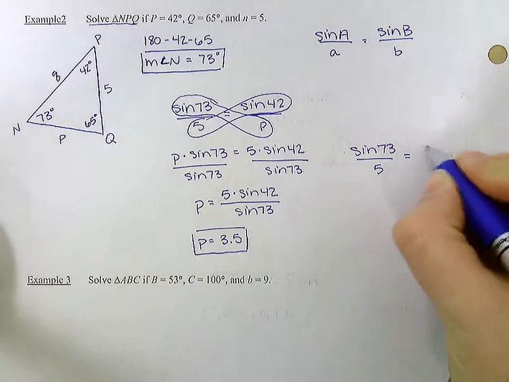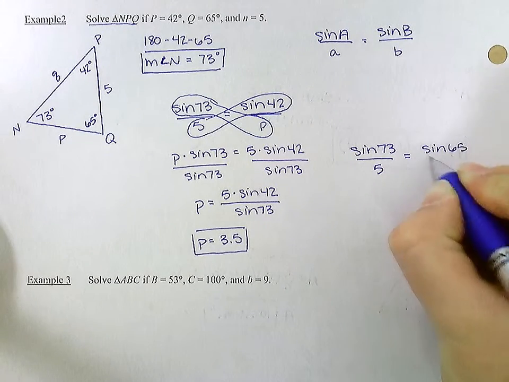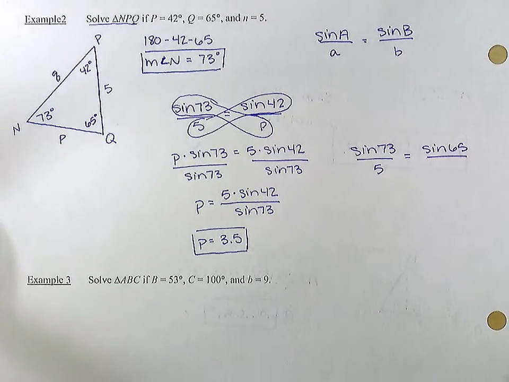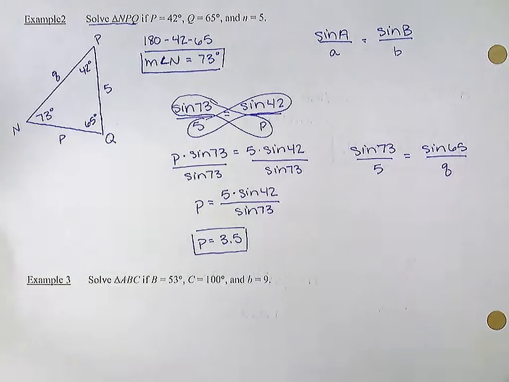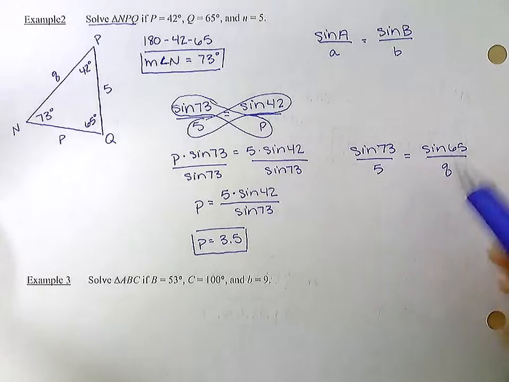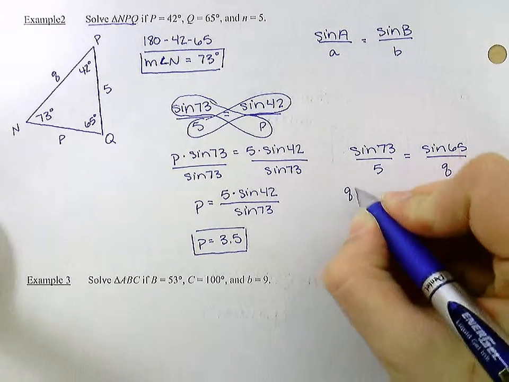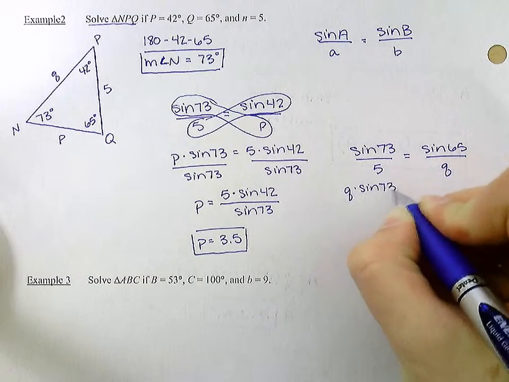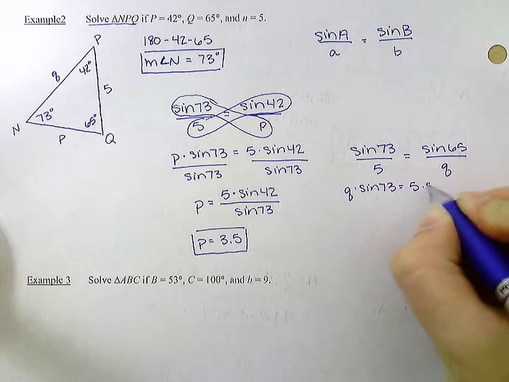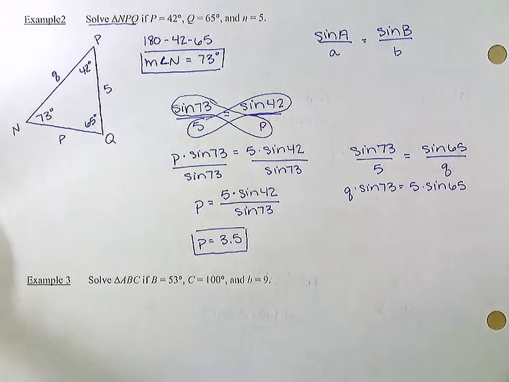Sine of 65 over Q. Okay, so it has to equal sine of 65 over Q. Since I'm solving for that side Q, I need its opposite angle with that sine. So again, from here, you want to cross multiply. So I would have Q times the sine of 73 is equal to 5 times the sine of 65.